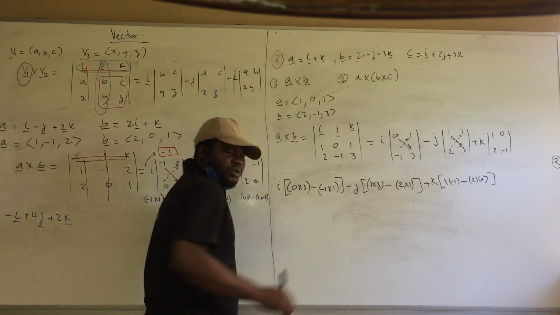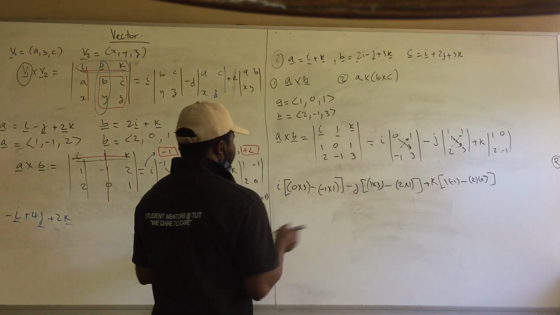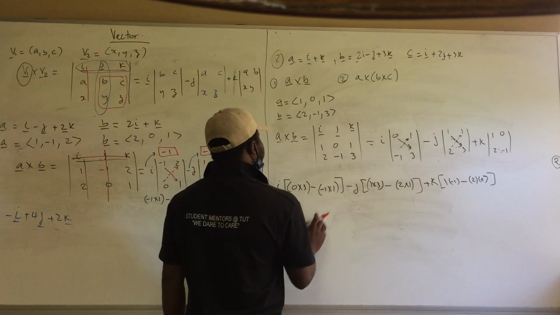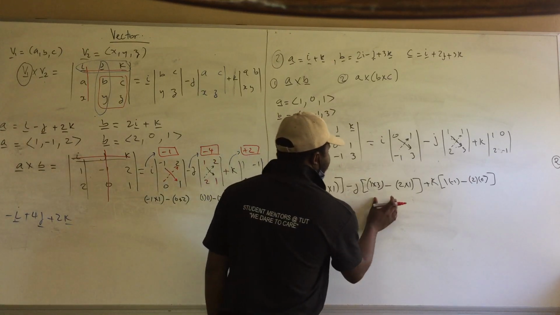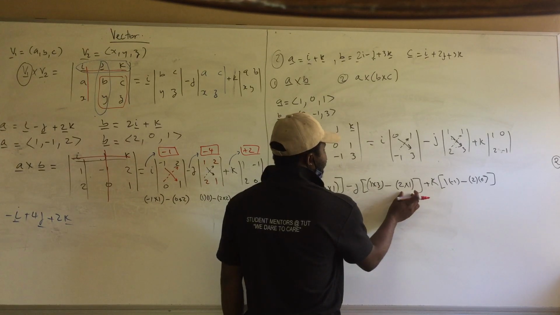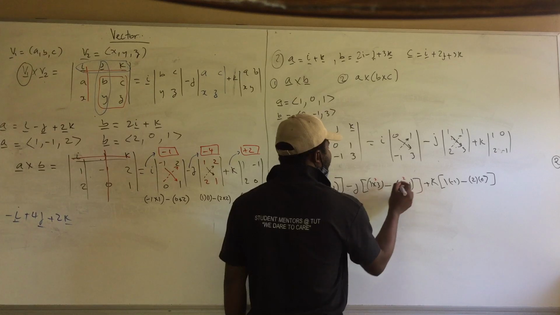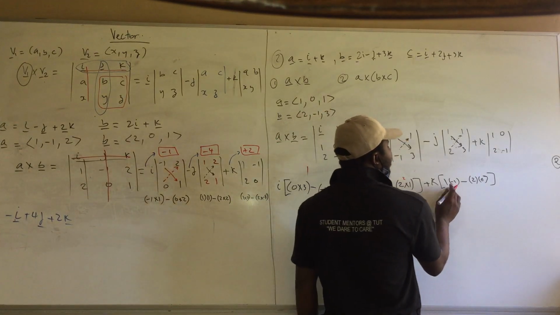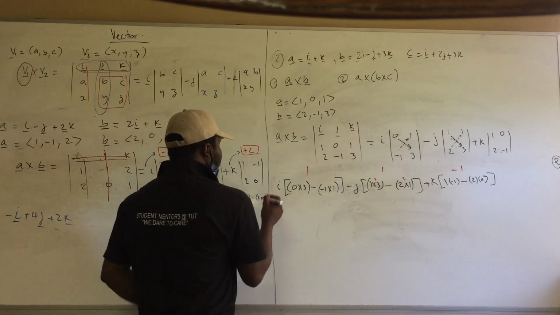This will give you what? 0 times 3 is 0, minus 1 times 1 gives minus 1. Here, 3 times 1 is 3, and 2 times 1 is 2, so it's 3 minus 2, which is 1. And then here, 1 times minus 1 minus 2 times 0 gives you minus 1.